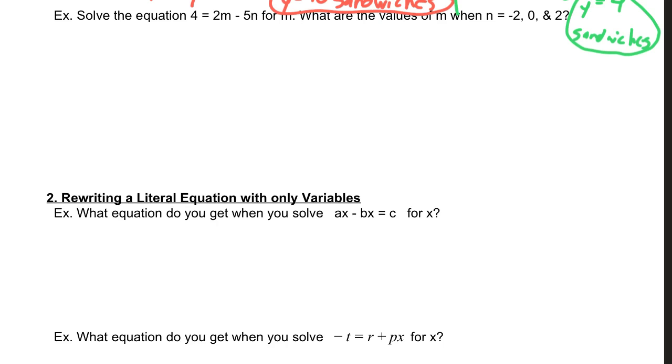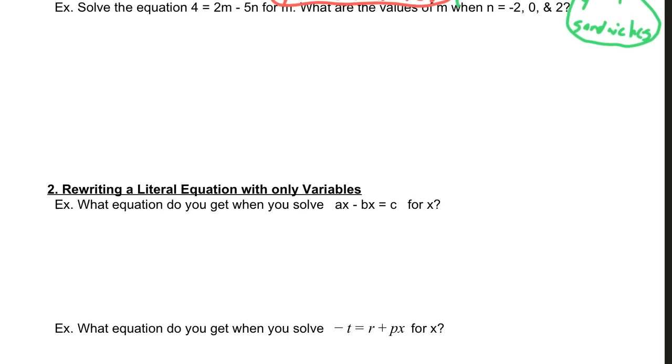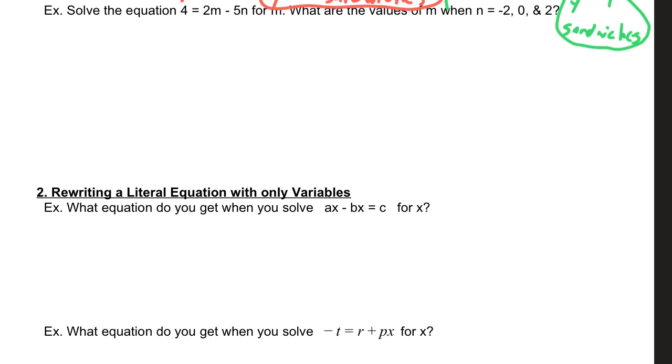So if n is negative 2, the way I would substitute, it would be 4 equals 2m minus 5 times negative 2, because I'm substituting negative 2 in for n. To simplify, 4 equals 2m minus negative 10, so that's 2m plus 10.